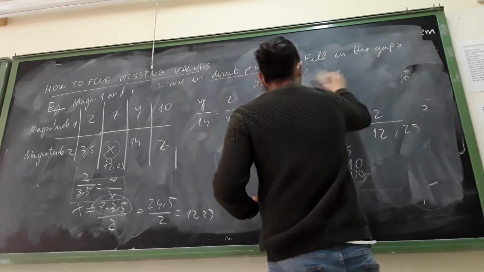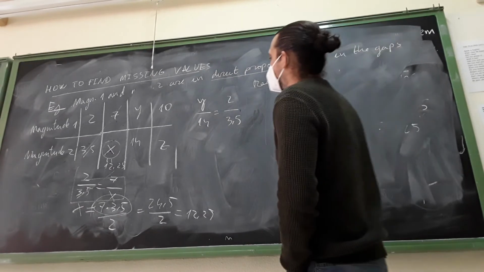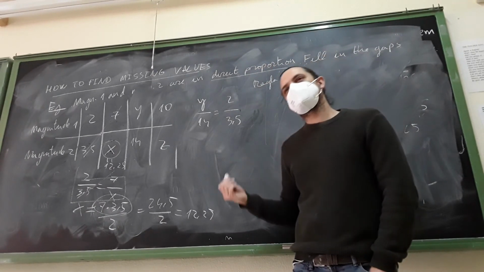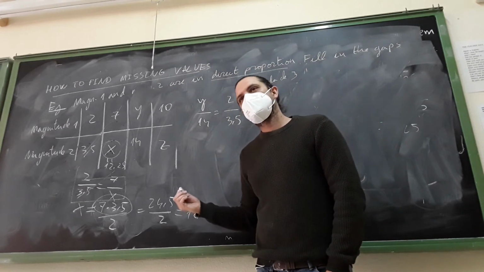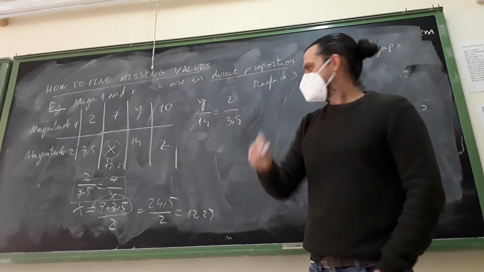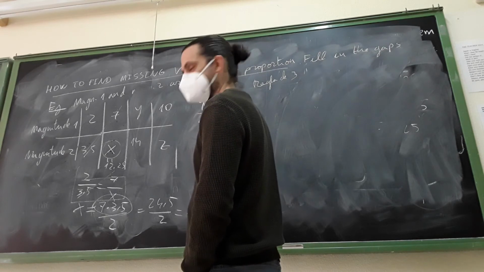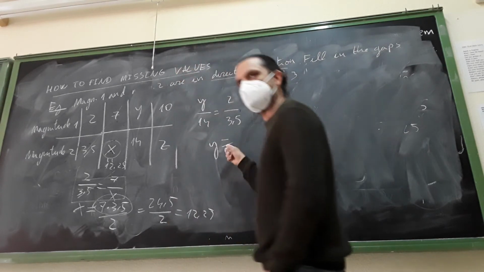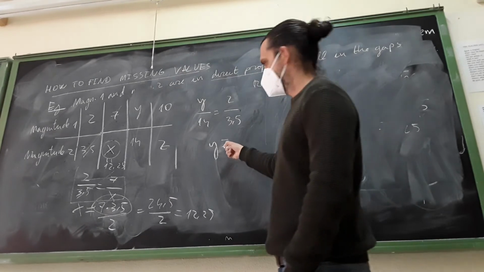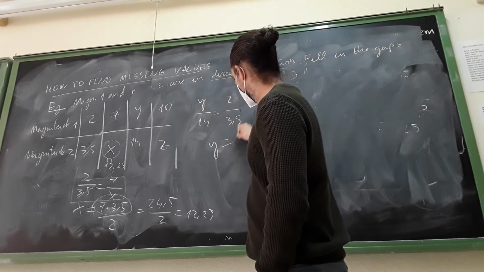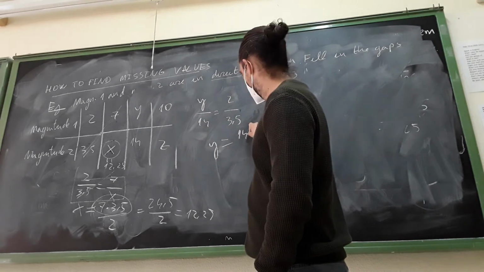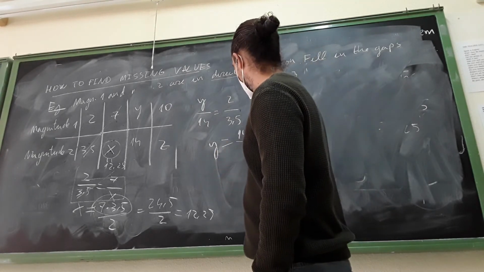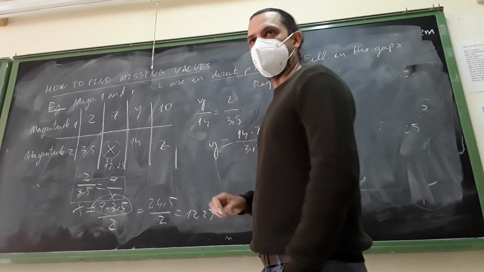Okay, so, how do I find now the value of y? Which operations do I have to solve in order to find y? Adrián? Y equals, and we have to write y equals 14 times 2 over 0.5.